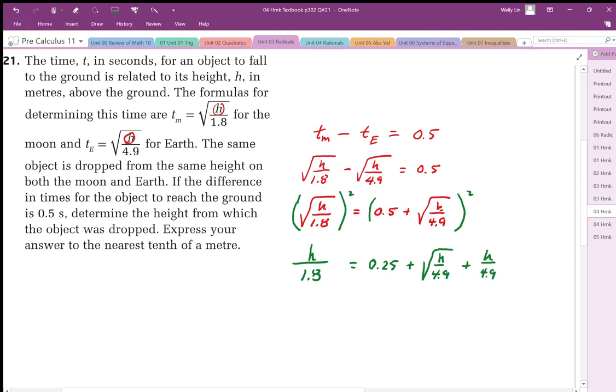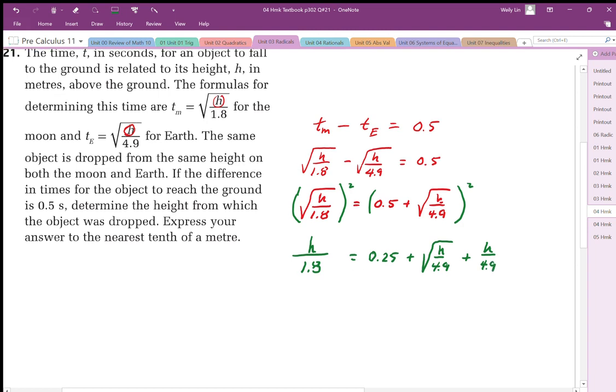Okay, so I'm going to move all the terms over to the other side here. So I end up with h over 1.8 minus h over 4.9. I'm going to combine that fraction. That way I have fewer terms to expand out when I square the square root on the right hand side.